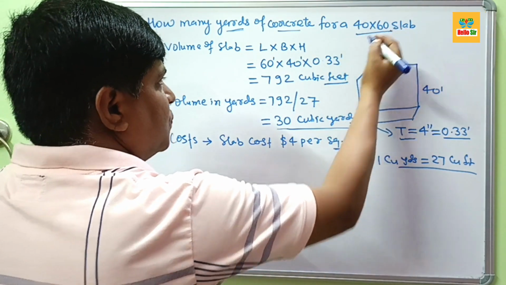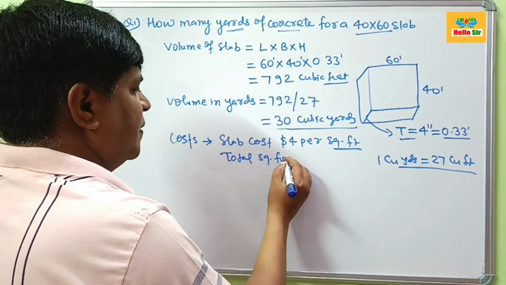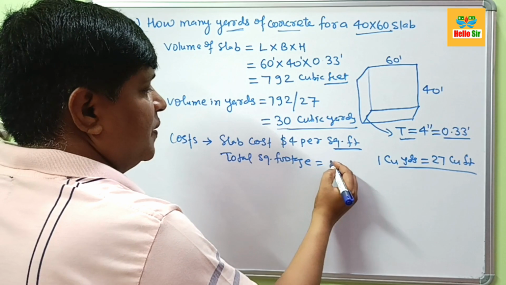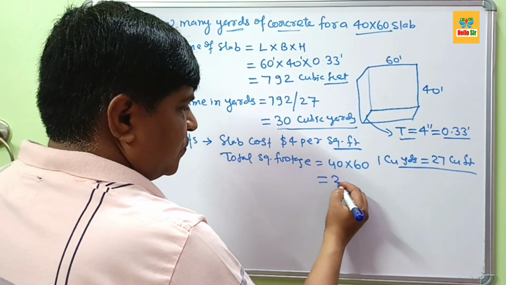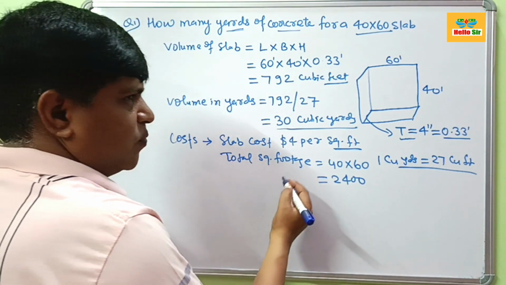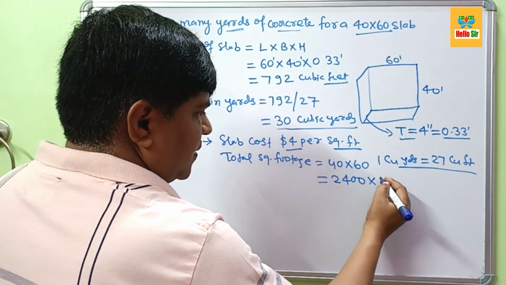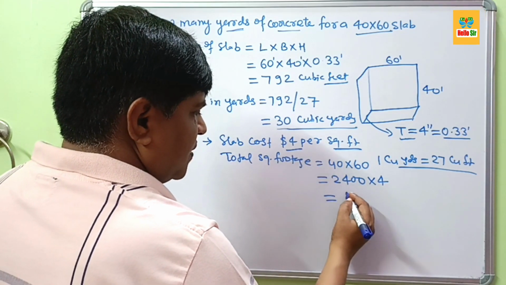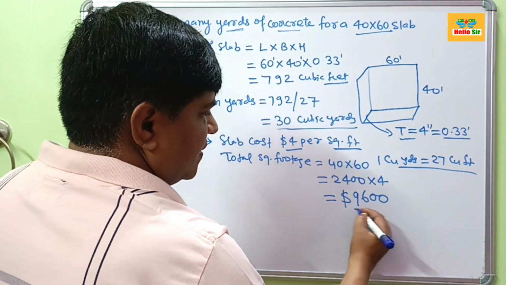And the total square footage of this slab will be 40 multiplied by 60. This will be 2400 square foot, and per square foot cost is $4. Then multiply this, and it will come to about $9,600.